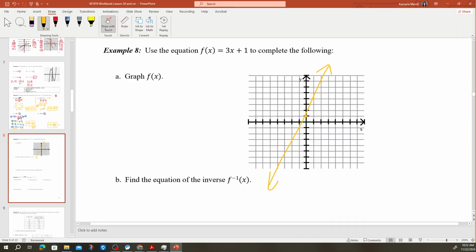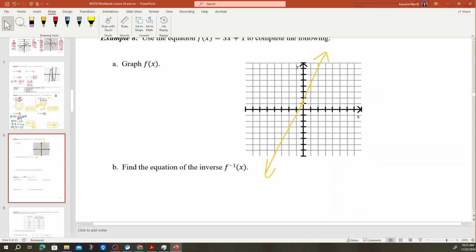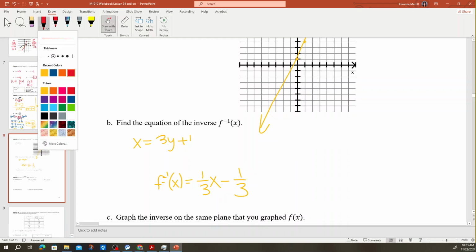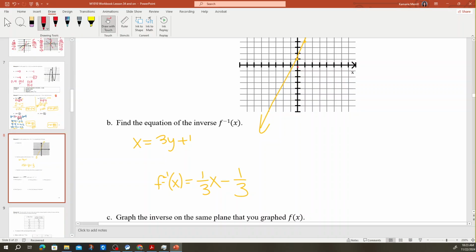When we find the equation of f inverse by switching your x's and y's, you know this process by now, so I'm just going to write what the inverse is. I chose to write it in slope-intercept form. Its inverse would have a y-intercept of negative 1/3, and then a slope of up 1 over 3.